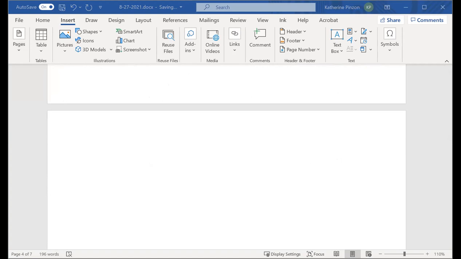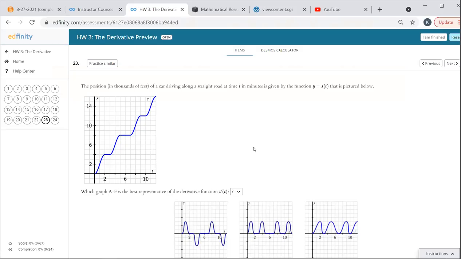Let me pull 23. Okay, 23 says the position in thousands of feet of a car driving along a straight road in time t in minutes is given by this function that's pictured below. Which graph, A through F, is the best representative of the derivative function? So what happens to this dude?